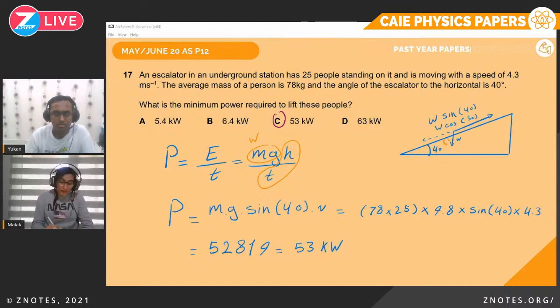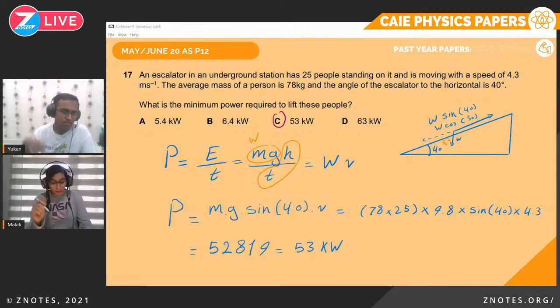Now, mgh over t. H over t would be the speed, because distance over time, and then mg is the weight. So now we have the equation of W. Let me write that down as well. Also W times V, which is equal to power.